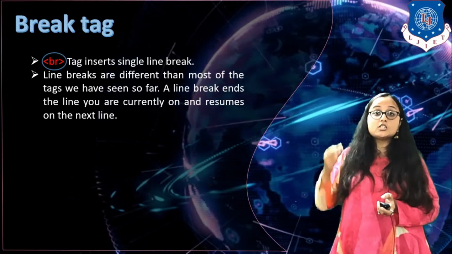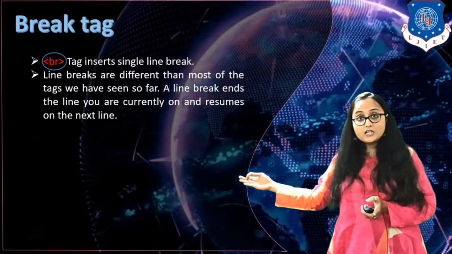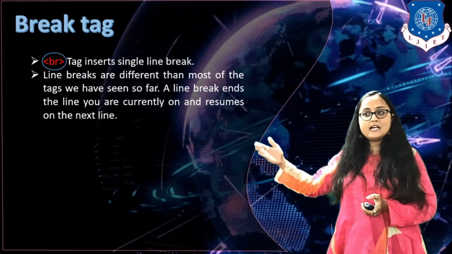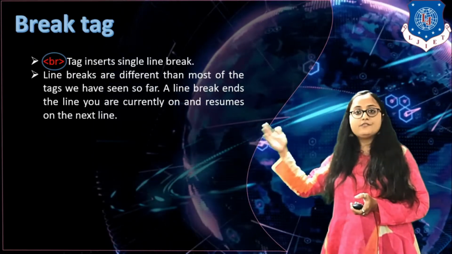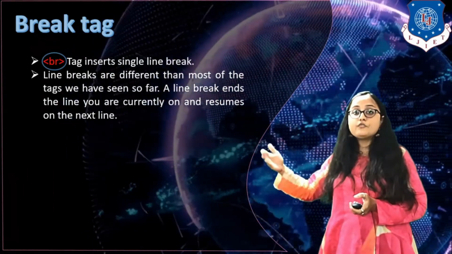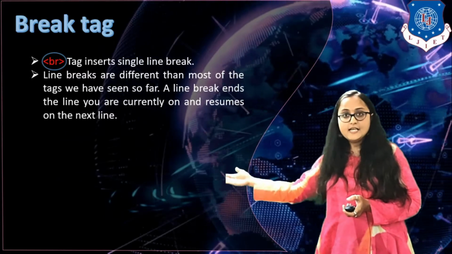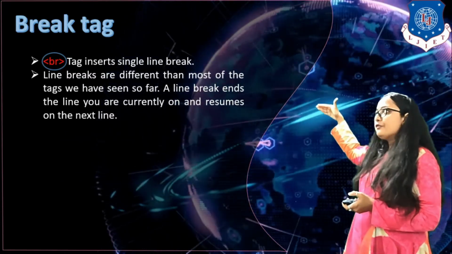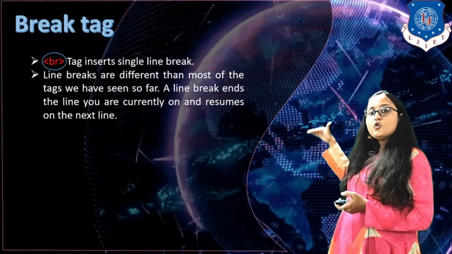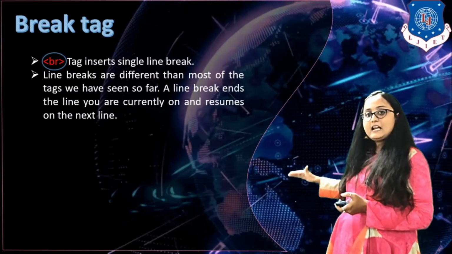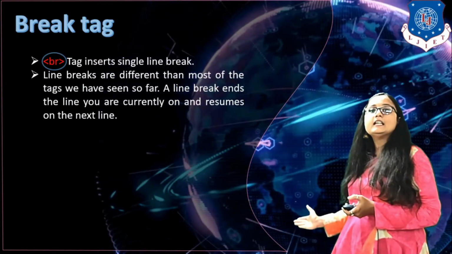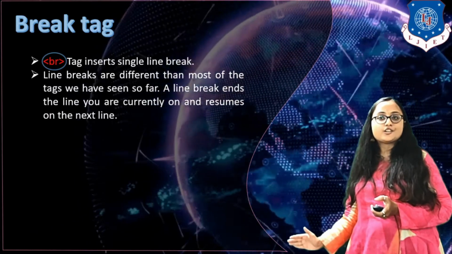If you insert multiple BR tags, the number of BR tags that you have inserted will be equal to the number of line breaks. It means if I have inserted 4 BR tags, then 4 lines will be broken, and after that 4th line, my next text will resume.